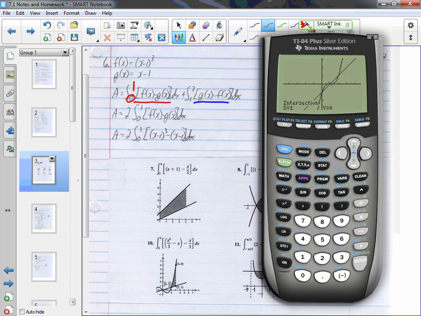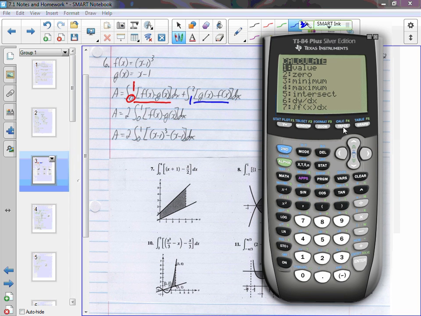So the integral from 0 to 1 of f of x minus g of x dx will find that area. So the second region starts at 1. Let's find that last point of intersection. And it's 2. So now I know how to find the red one, and I know how to find the blue one.